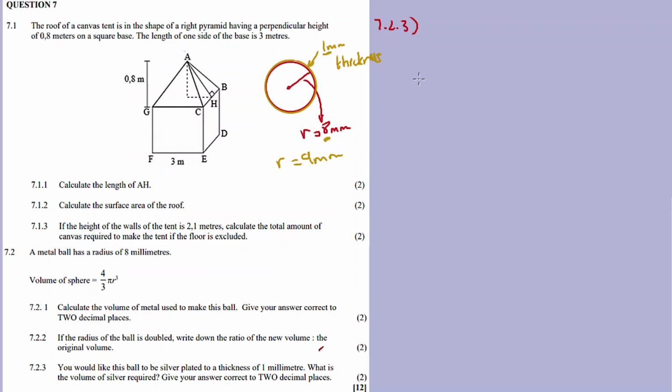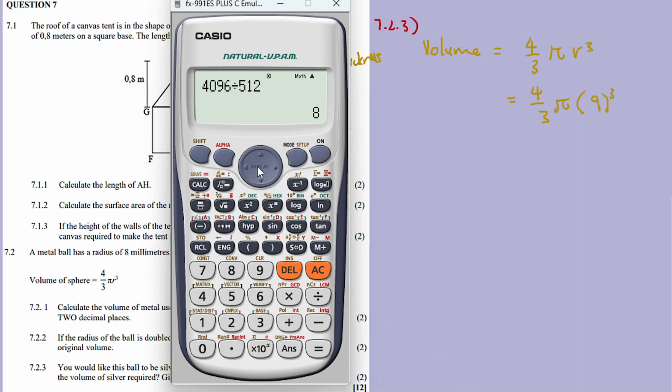Now let's calculate the new volume. The volume with the 9 millimeter radius is 4/3 pi r cubed. So 4/3 pi, with radius 9 cubed.